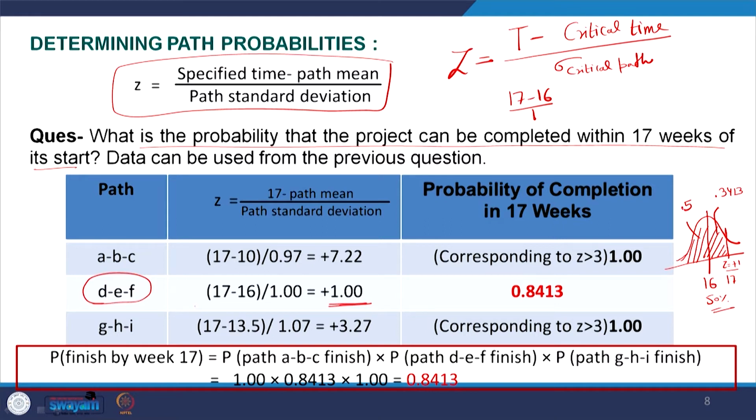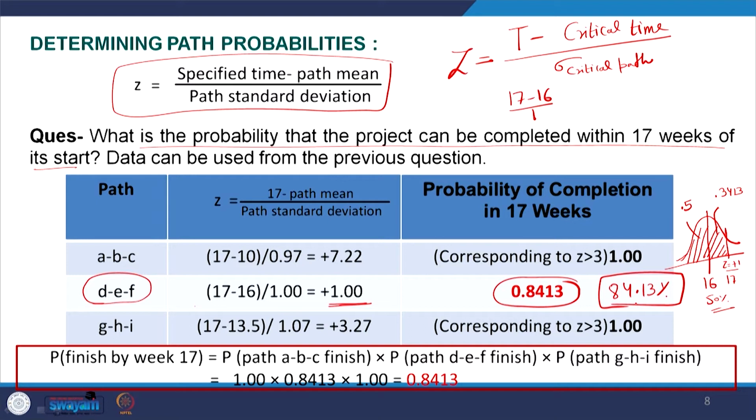So, the total probability of completing the project in 17 weeks is 0.8413 or 84%. That is the answer.